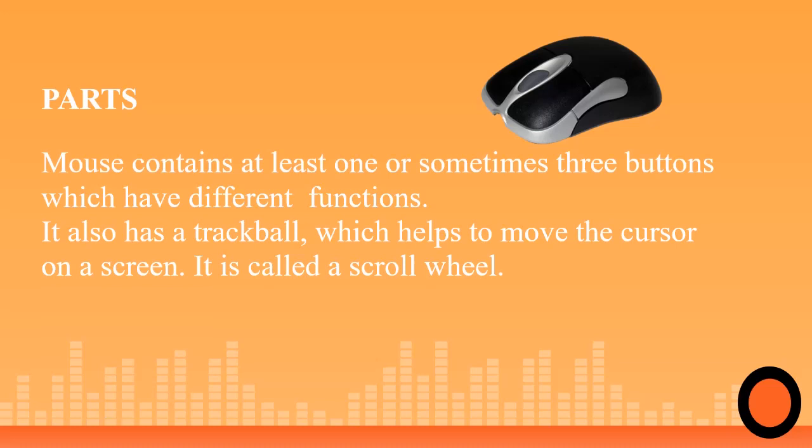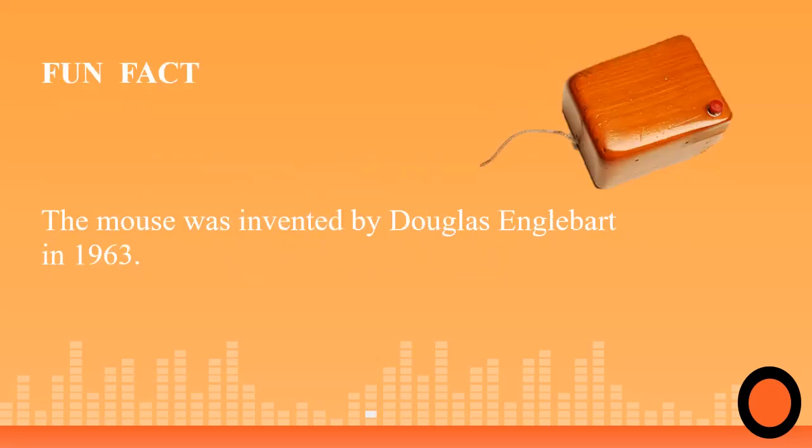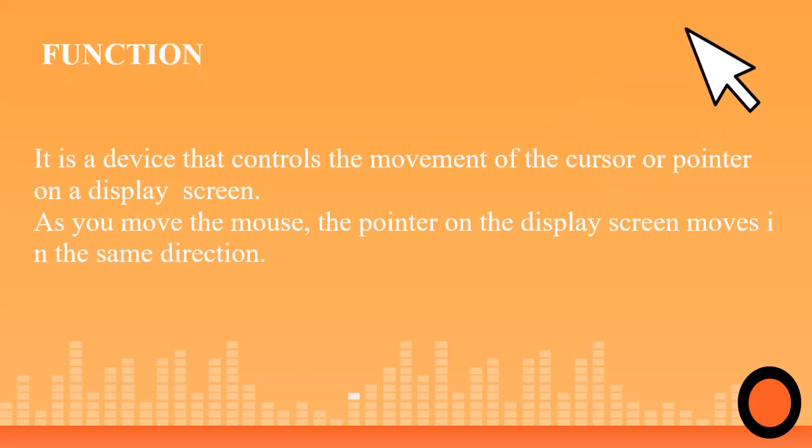It also has a trackball which helps to move the cursor on a screen. It is called a scroll wheel. Do you know a fun fact about the mouse? The mouse was invented by Douglas Engelbart in 1963, and this is what it first looked like. Quite different from the mouse which we use today, isn't it?